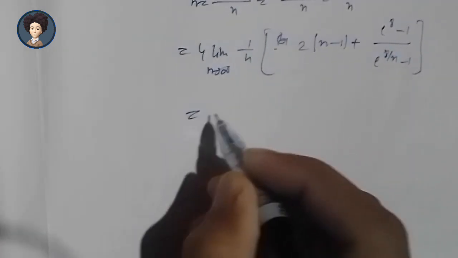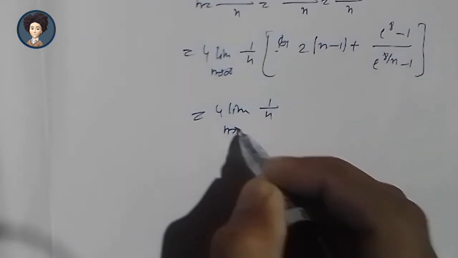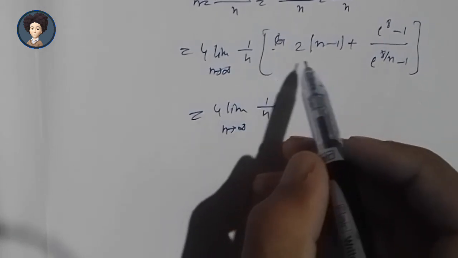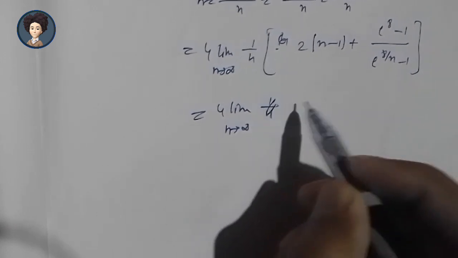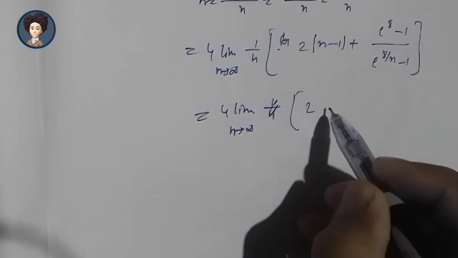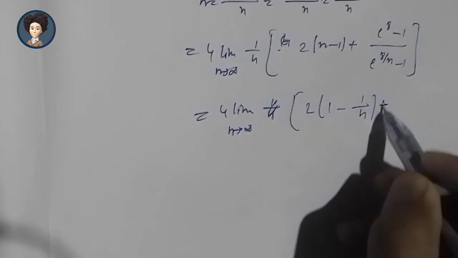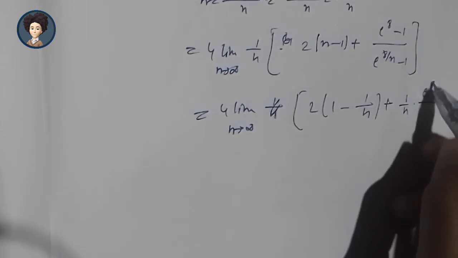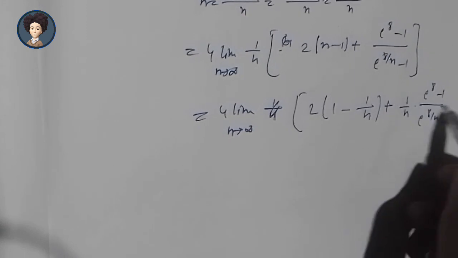And now for the limit as n tends to infinity, this 1 by n will also be multiplied with these terms, so this becomes 2, since 1 by n into n means 1, and 1 by n into n minus 1 means this is 1 by n, and plus we get here 1 by n into e to the power 8 minus 1 divided by e to the power 8 by n minus 1.